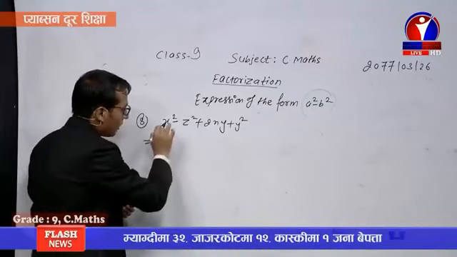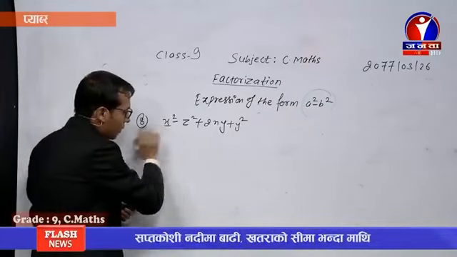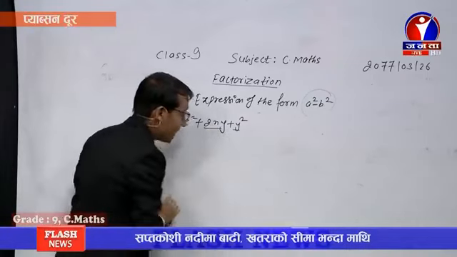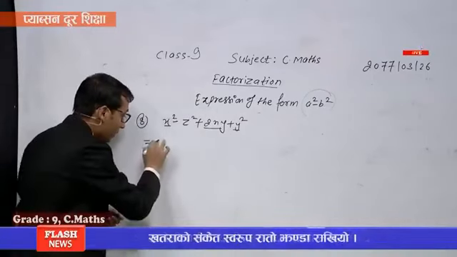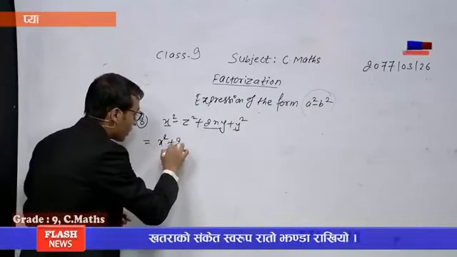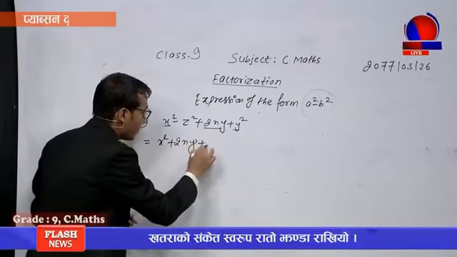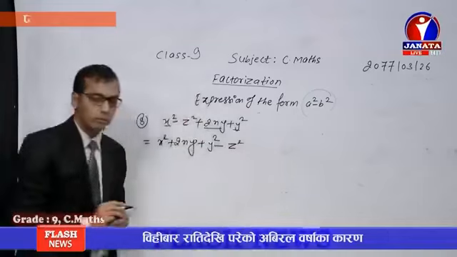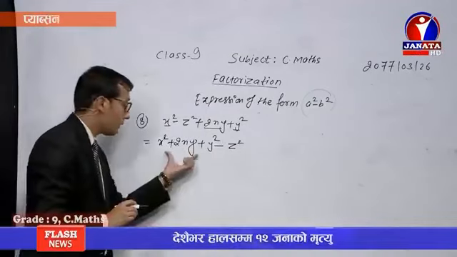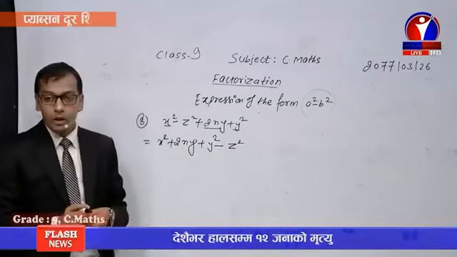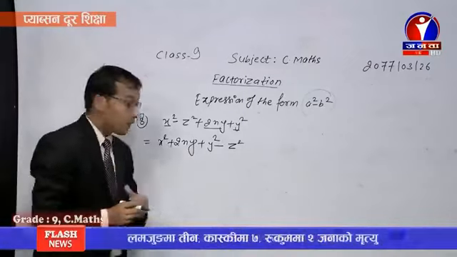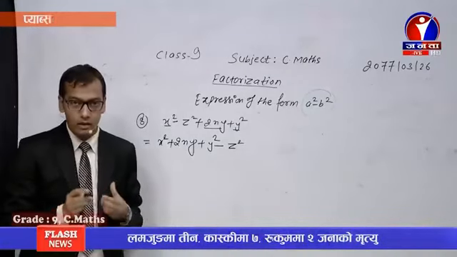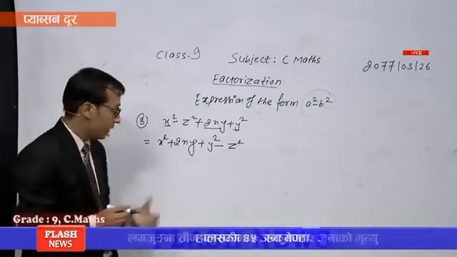If we rearrange, let's write x square plus 2 times xy plus y square minus z square. Here, the first 3 terms seem to go into a formula.